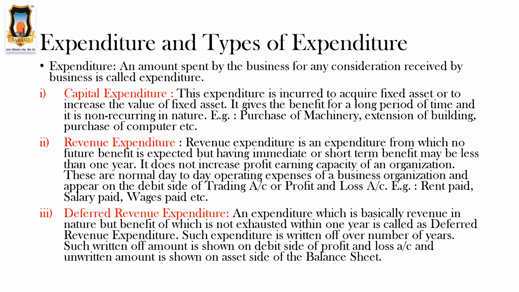And the third one is deferred revenue expenditure, which is revenue in nature but the benefit of which is not exhausted within 1 year. Okay, so these are the types of expenditures. So remember this point and do it properly. All the best.